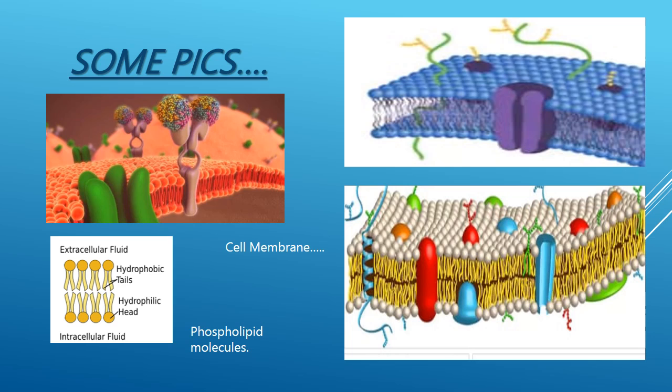So from the picture we can interpret that both the exposed surfaces of the cell membrane, that is the inner part and the outer part, the extracellular fluid and the intracellular fluid, are in touch with the hydrophilic heads, and the interior or the middle region of the cell membrane is made up of hydrophobic tails. Understood? Okay.